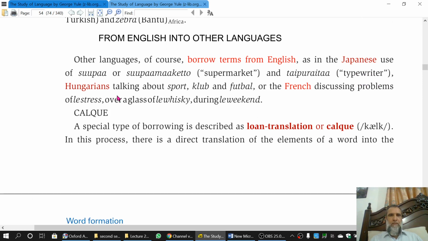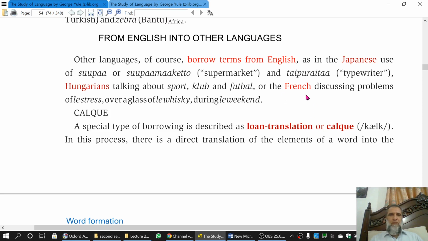Then we have Hungarian words for sport, derived from English. Club, football, all these are borrowings into Hungarian from English. So English has lent these words to these countries.